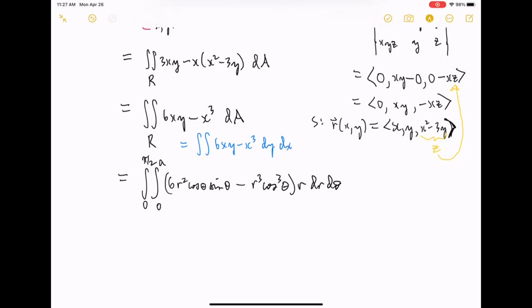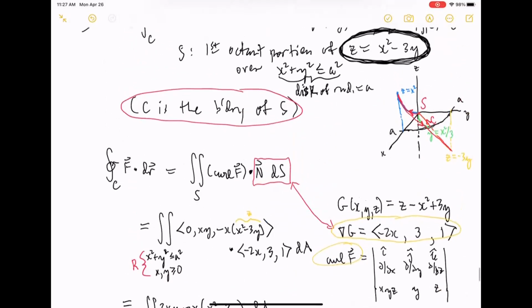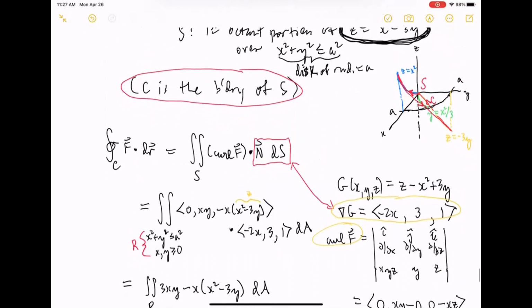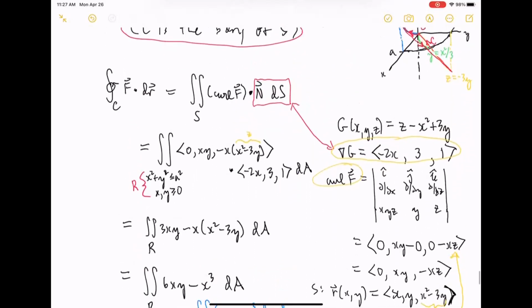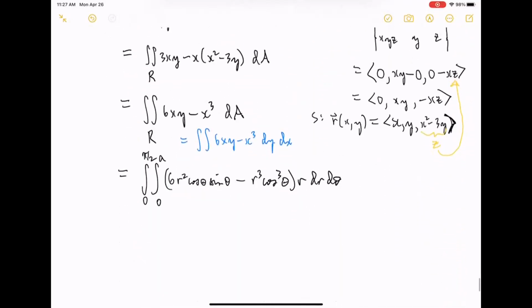What numbers does x go between to actually intercept that quarter disk? 0 and a. And as x goes between 0 and a, for any one of those x values, y goes from 0 up to the circle itself.